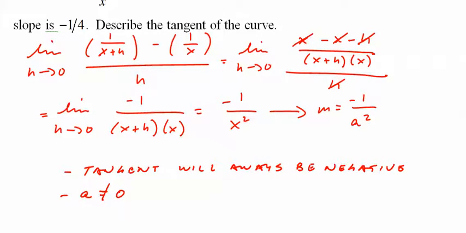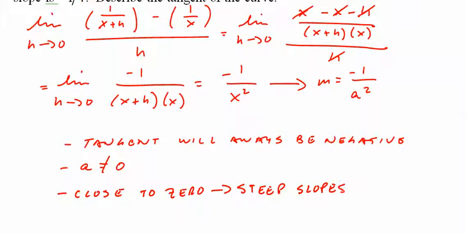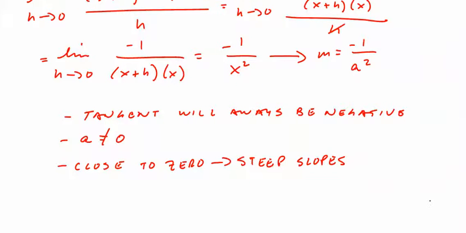And as we get closer and closer to 0, we get really steep slopes. Further from 0, we get out towards the horizontal asymptotes. We get really flat slopes.